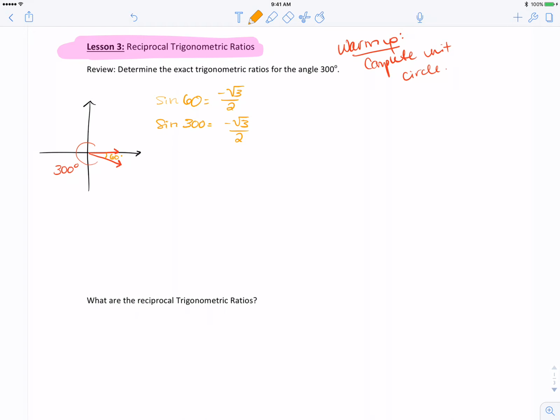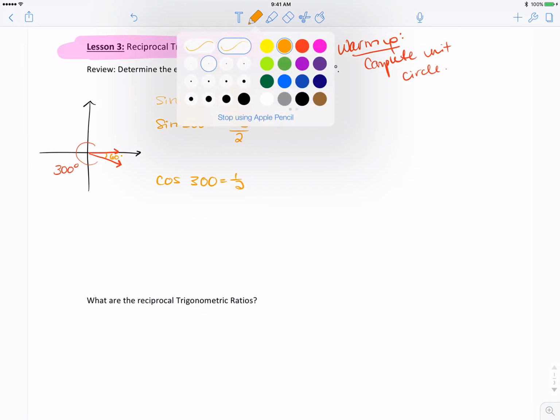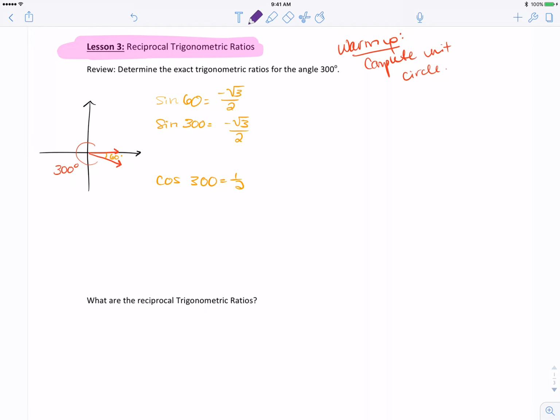From this point, I want my other two trig ratios. Cosine of 300 is 1/2. And again, I'm looking at this point in my unit circle, this point here at 60 degrees, which is 1/2 comma negative root 3 over 2. Okay, so that's my cosine, 1 over 2 at 300 degrees.